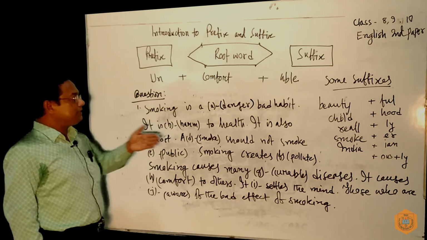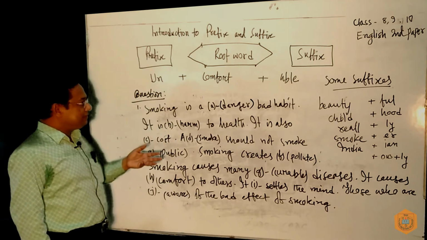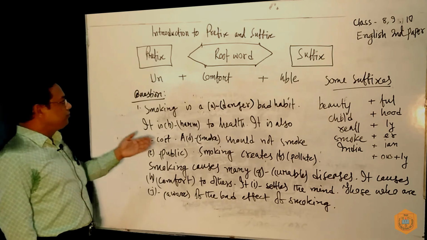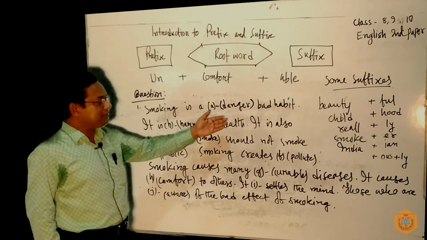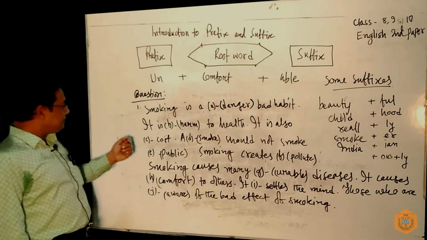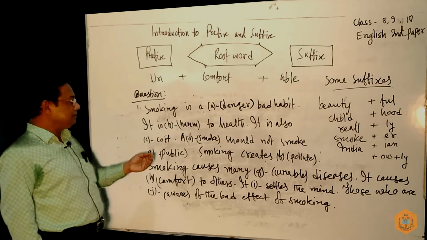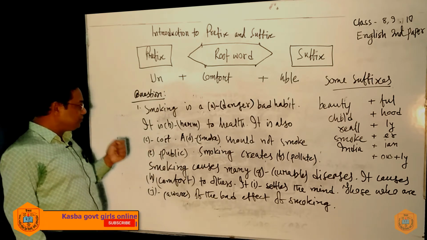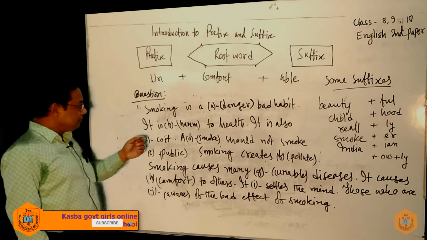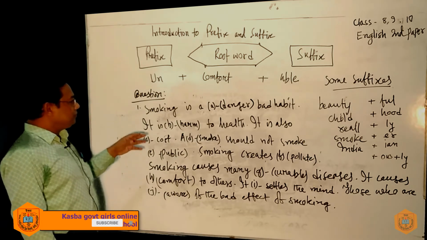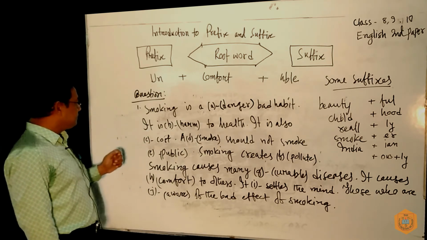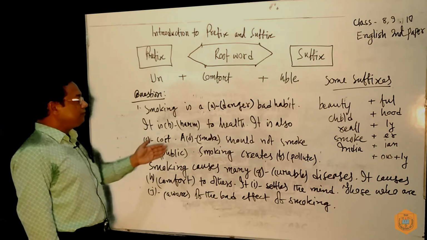We have to convert it into an adverb. So smoking is a dangerously bad habit. It is harm to health. Here harm is a root word, but we have to change it with suffix or prefix. It is harmful to health.